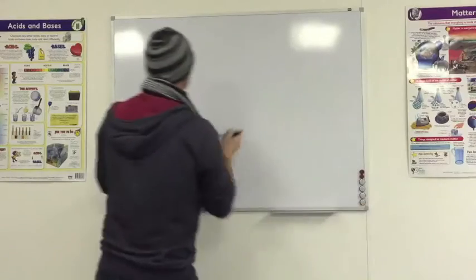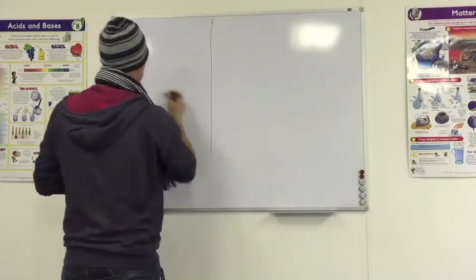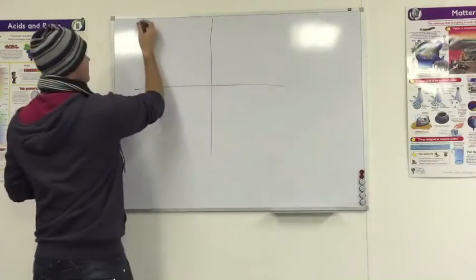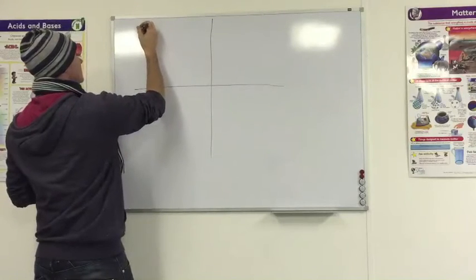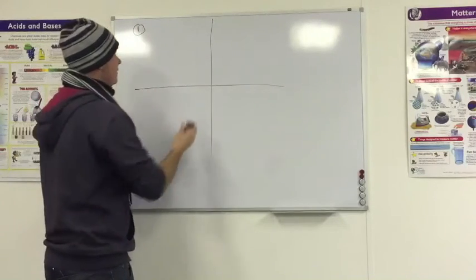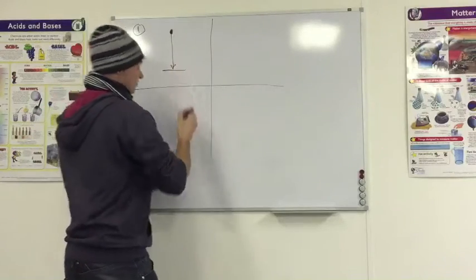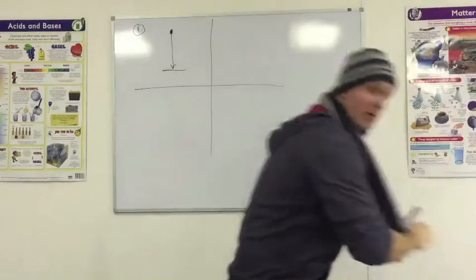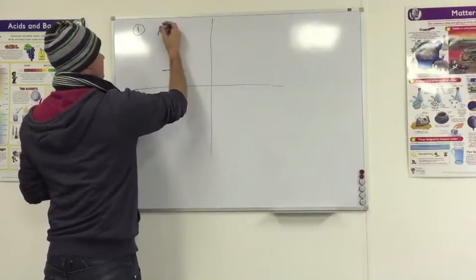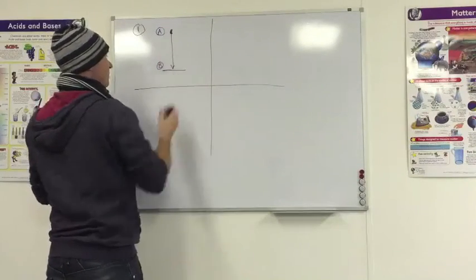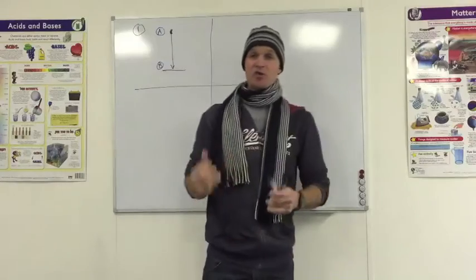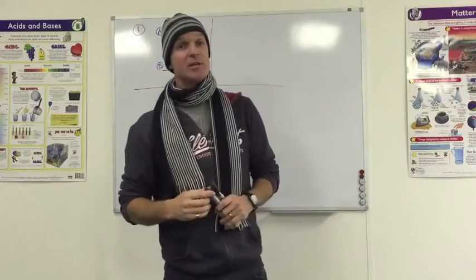Okay, so let's just have a look at it like this. Number 1. The first scenario is quite simple. It's just the object being dropped from a particular point. So it travels from A to B. Simple as that. And because it's been dropped, what do we know about the initial velocity?